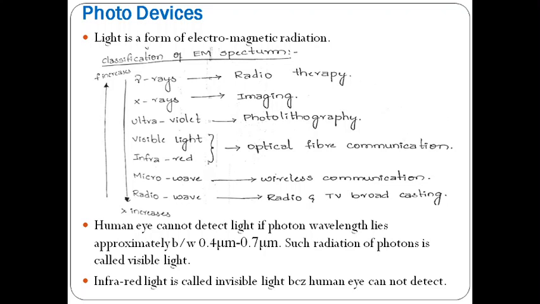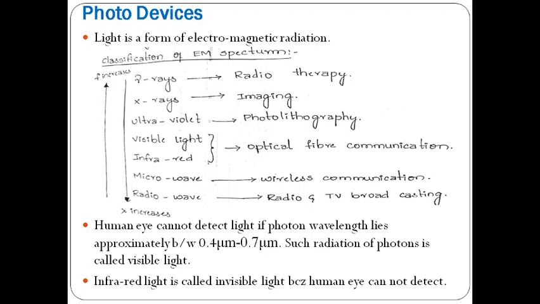We know humans can detect only visible light, if the photon wavelength is about 4000 angstrom to 7000 or 8000 angstroms. If the photon wavelength is not in the range of 4000 to 8000 angstroms, humans cannot detect it.